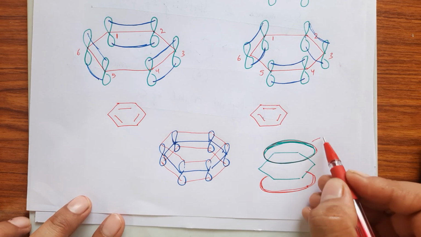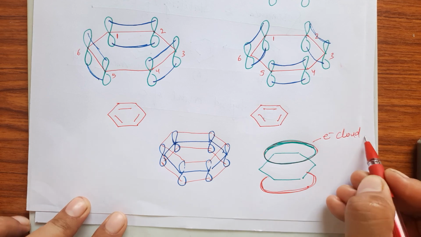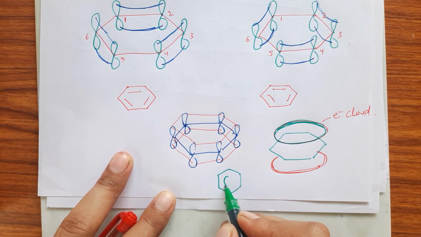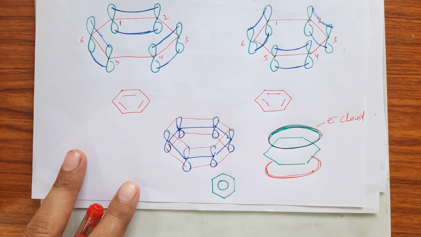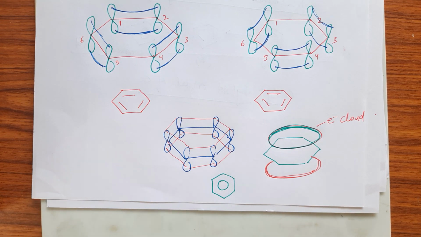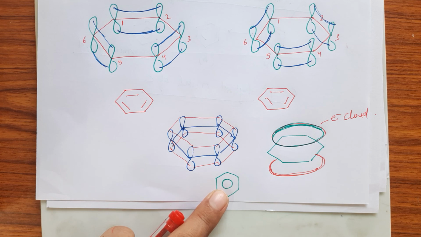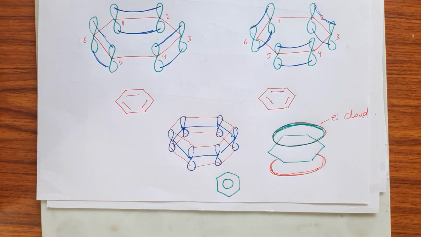Because of these electron clouds, right? That's why we show the benzene in this way, by inserting a circle in the benzene ring. This is the benzene and we write a circle in the benzene ring because we want to show the electron clouds which occur because of the overlapping of the unhybridized orbital present at each carbon atom.